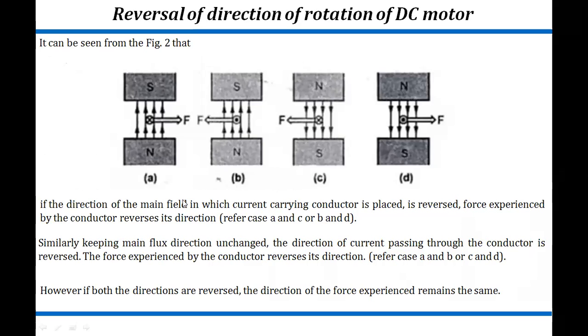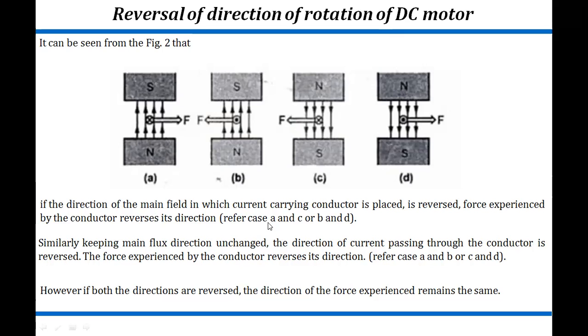We know it is a good conductor, and when we put that conductor in the magnetic flux and the direction of the main field is reversed, the force that the conductor experiences will reverse its direction.